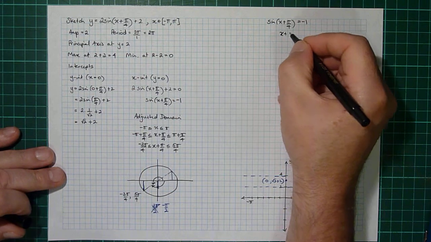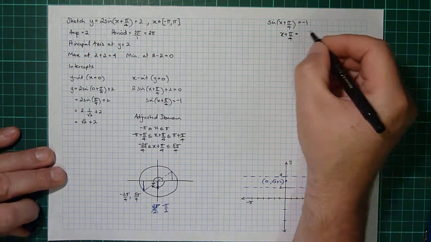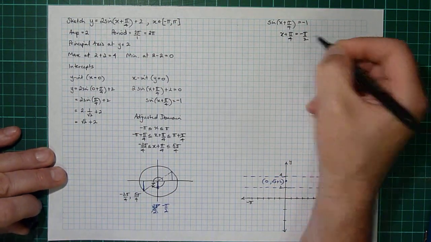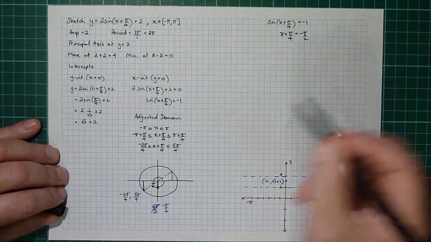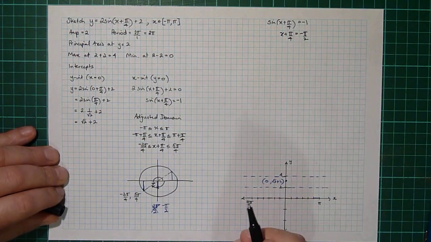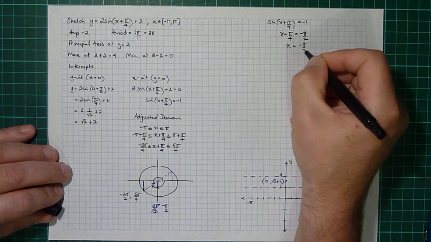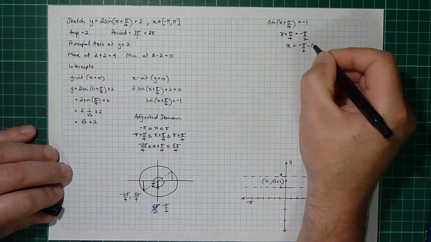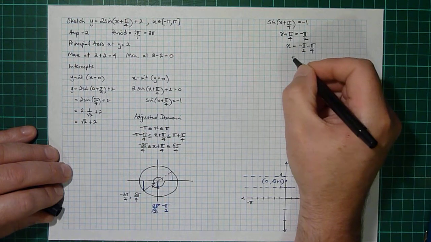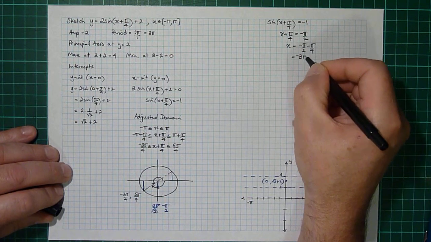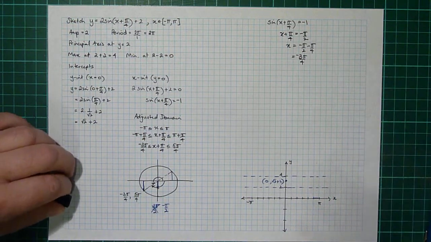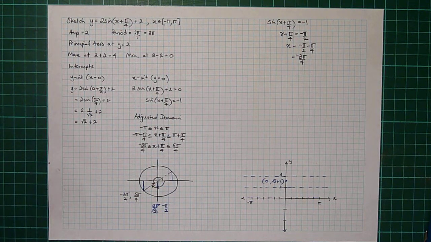So actually, x plus π/4 will equal negative π/2. There's only the one angle solution in this particular domain. So that means that x is minus π/2 minus π/4, which equals minus 3π/4. Let's find that on our set of axes.